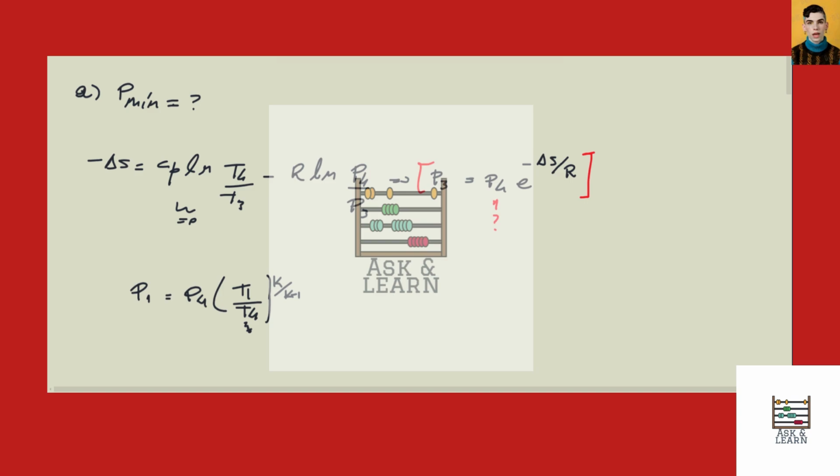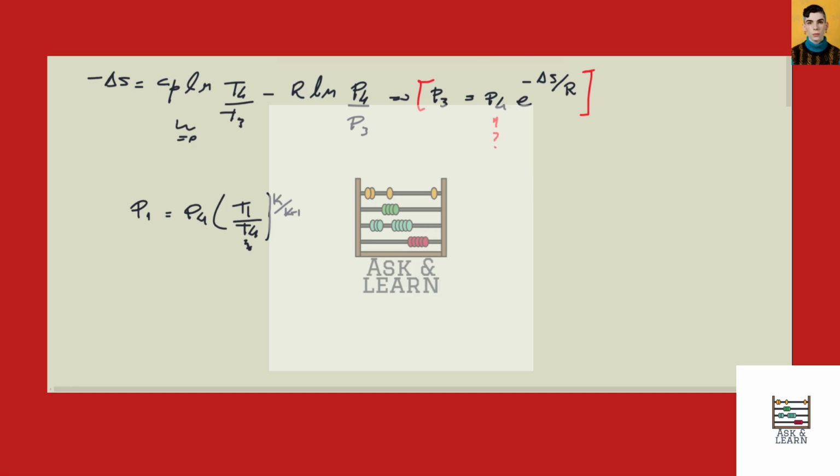So to calculate the minimum pressure, we need P4. And to calculate P4, we need the low temperature. And how are we going to find the low temperature? Well, we're going to use the net work, because the net work is just the area of the TS diagram. So it's just the change in the entropy, S2 minus S1, times TH minus TL.